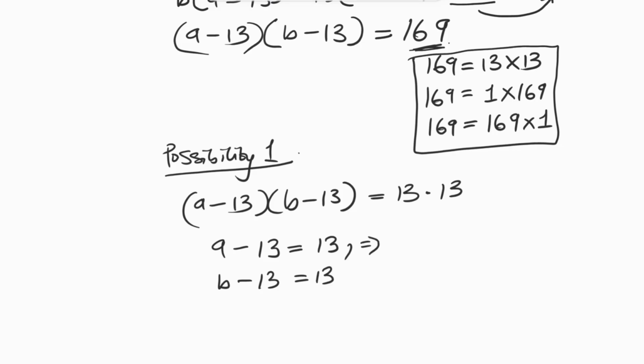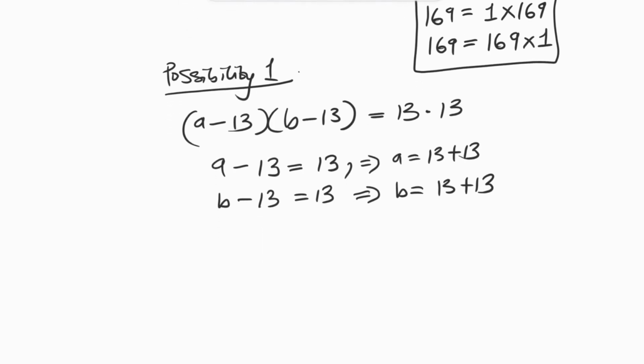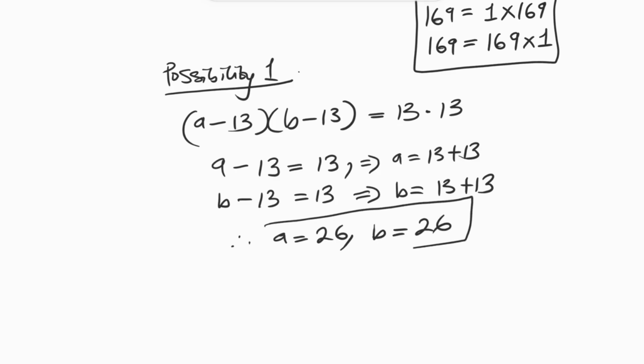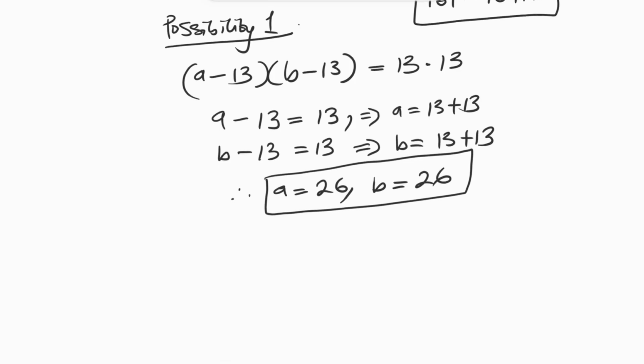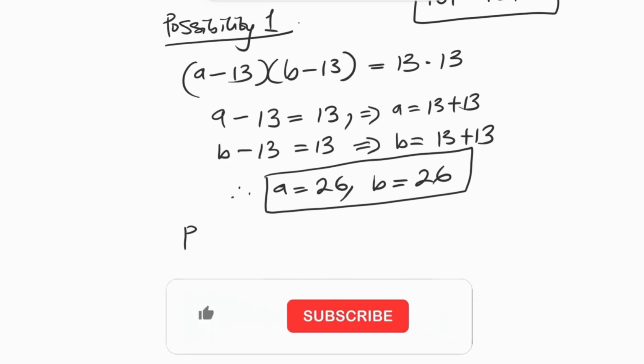This becomes a equals 13 plus 13, b equals 13 plus 13. So therefore our a is 26 and our b is also 26. This is one possibility.